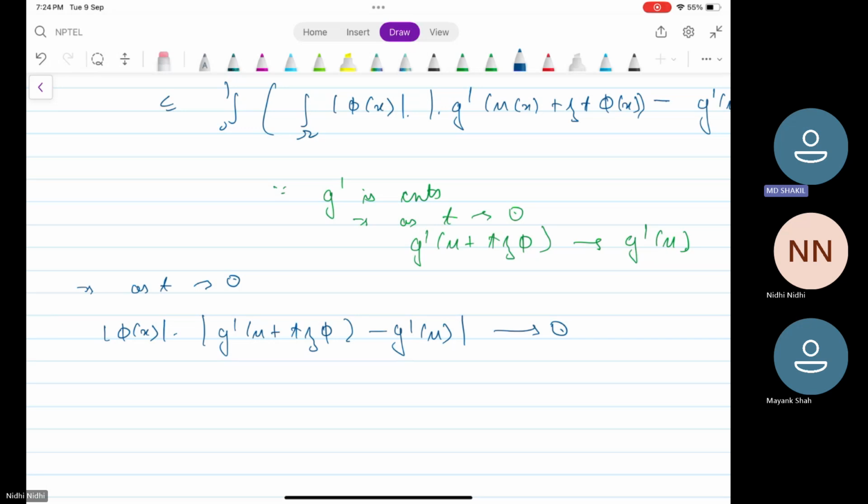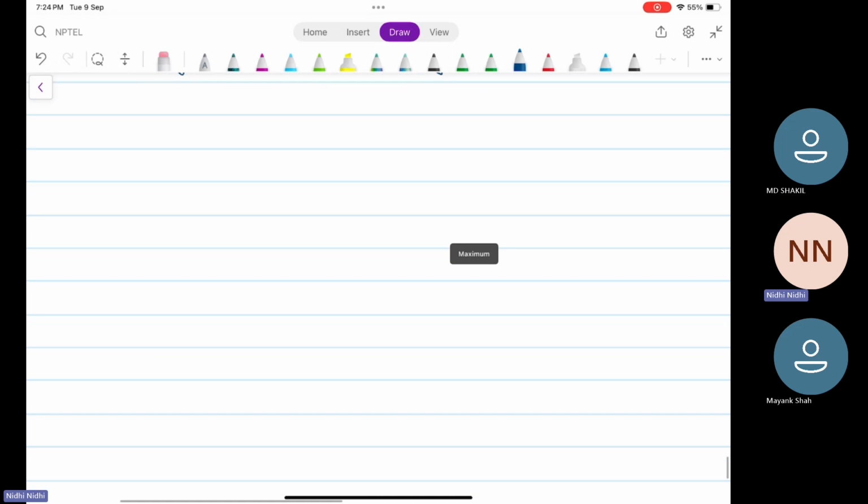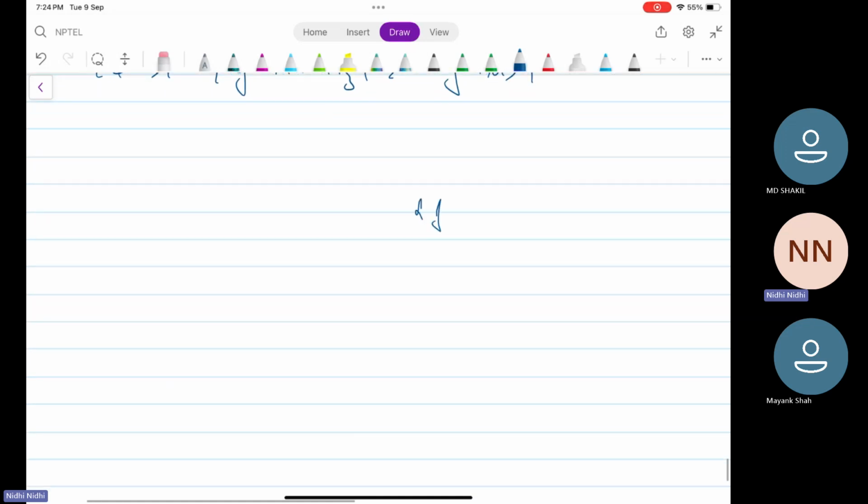Dominated convergence. When we complete this, we will see it. You must have read this fact: when fn is a sequence of continuous functions converging uniformly to a function f, we know that the integral over fn will also converge to the integral over f.